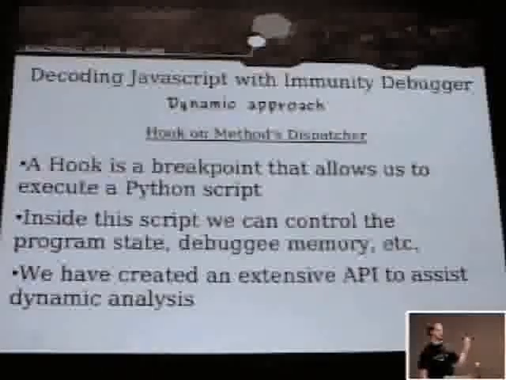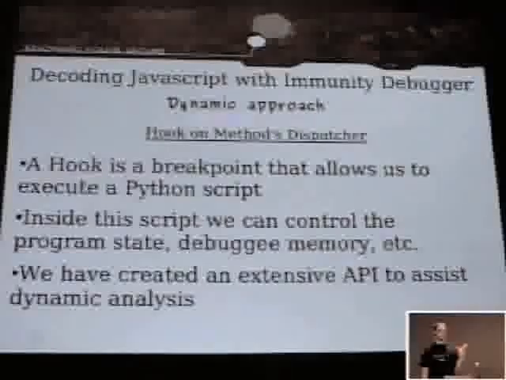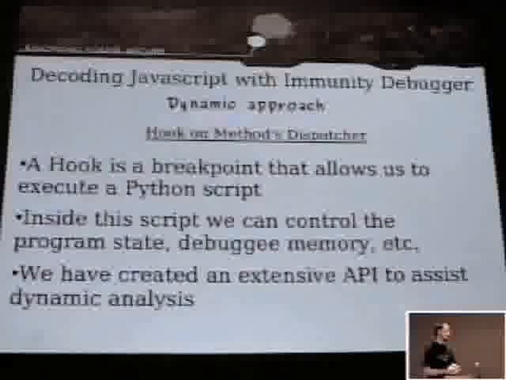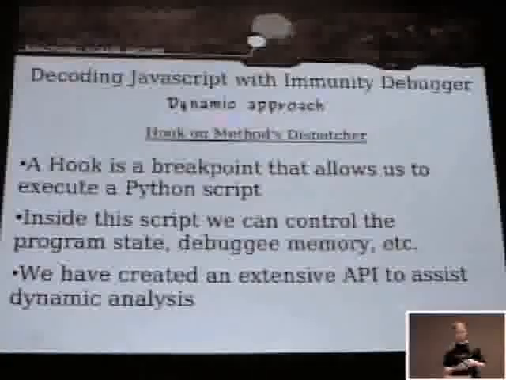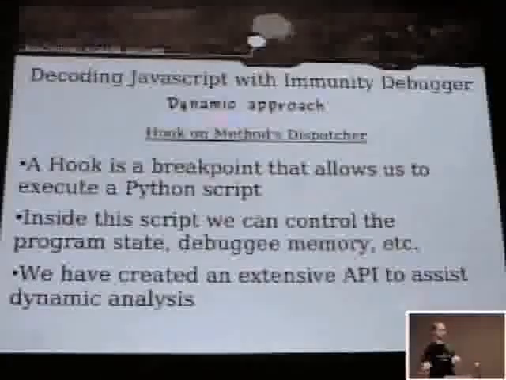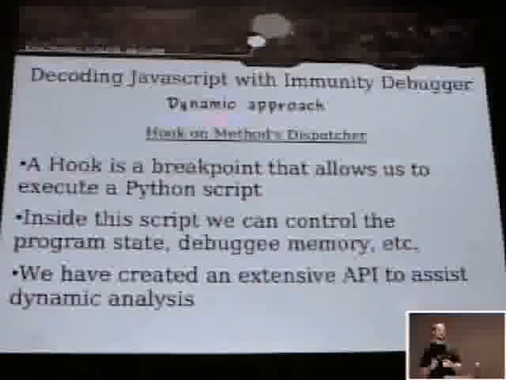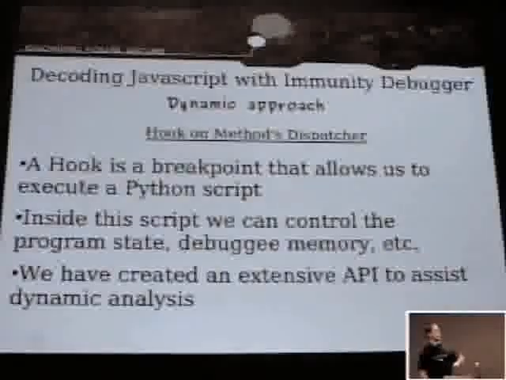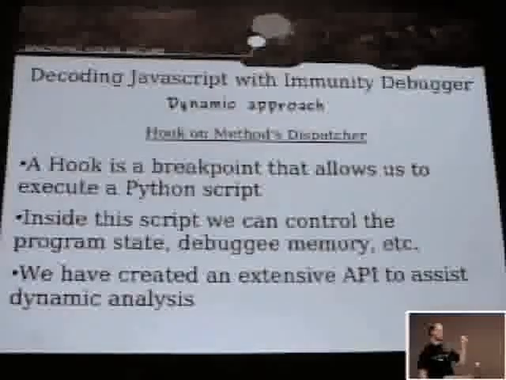That's awesome. And we created an extensive API for all this, which is called Immunity Debugger Library. We have a heap library, a control data flow library, lots of tools to assist this dynamic analysis.